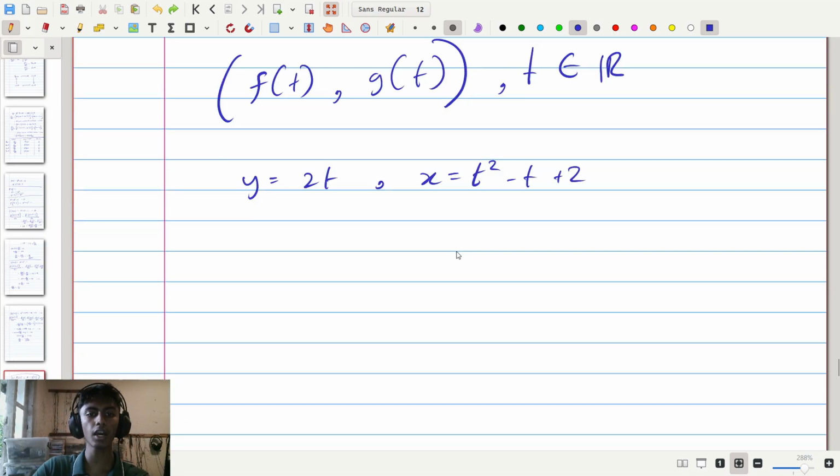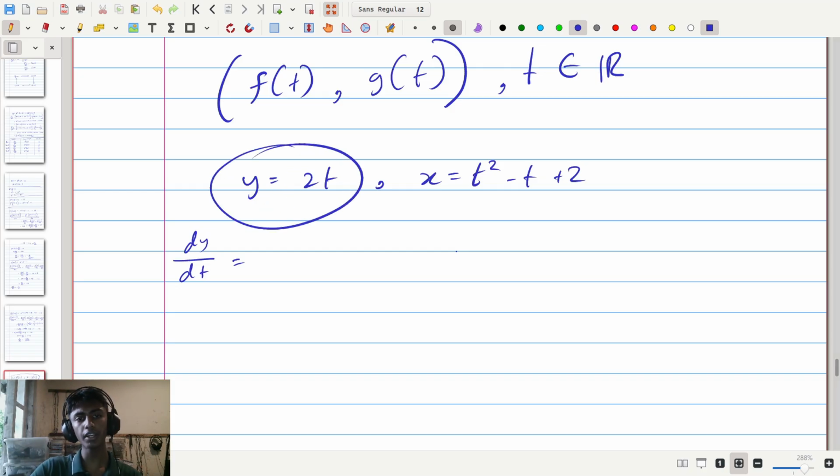For this simple example, we can do dy by dt, because we know the relationship of y and t. Differentiating this function relative to t, we have 2, because 2t is 2 times t to the 1, which becomes 2 times 1 times t to the 1 minus 1, or 2 times 1 times t to the 0, as in just 2.